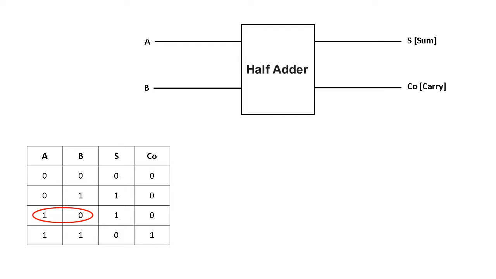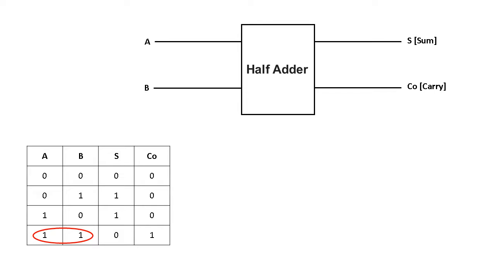If the input is 1 1, then the sum will be 0. So you can observe that this is an odd selector, because if there are an odd number of 1s, then we are going to achieve a high output, and in other cases we will get a low output.